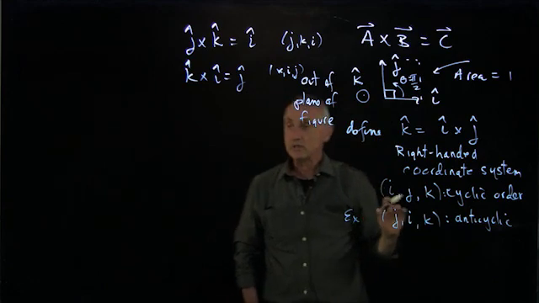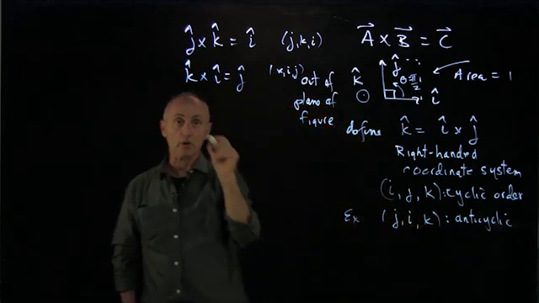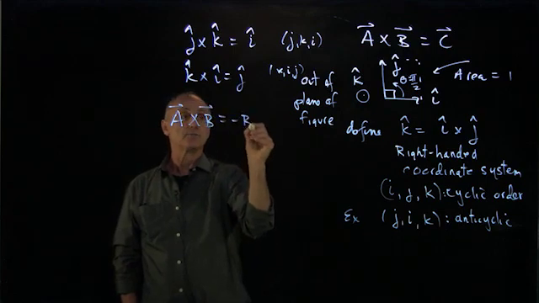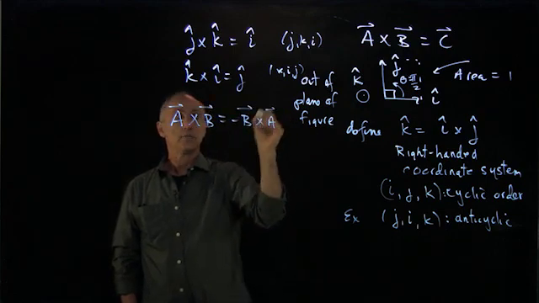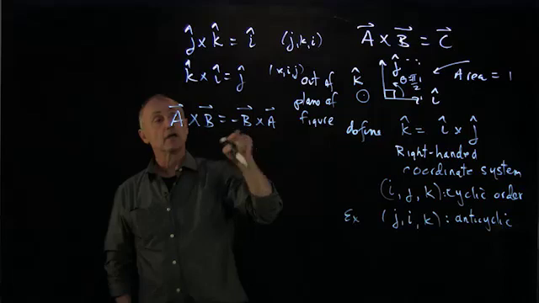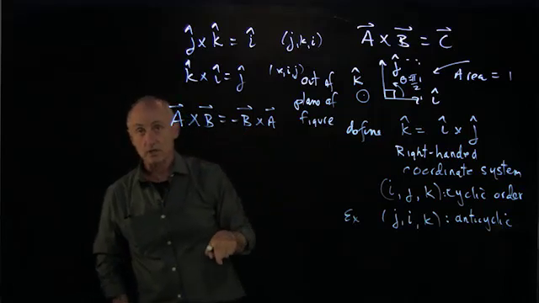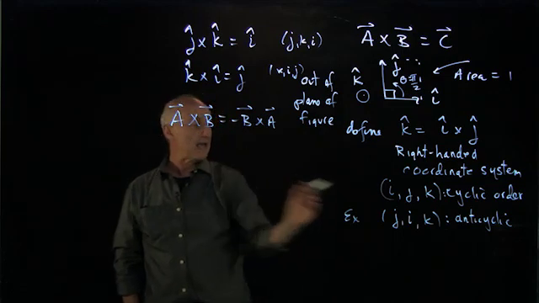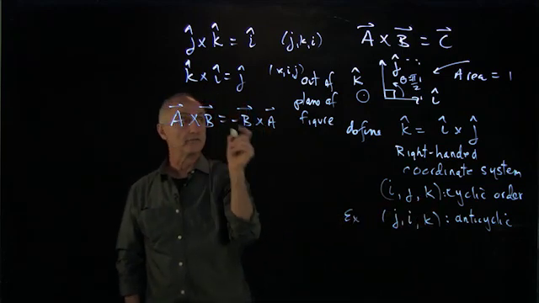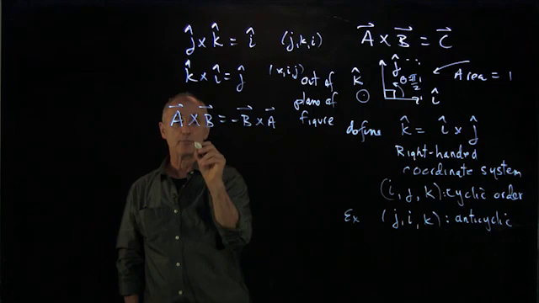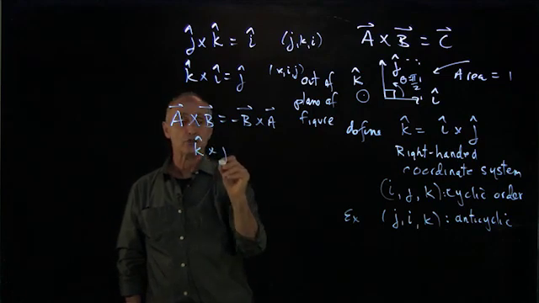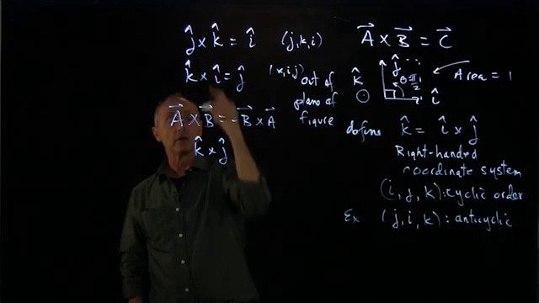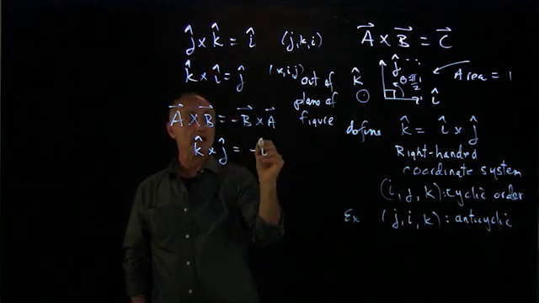But because of the way we defined a cross product in general, A cross B is minus B cross A, because now you're using the opposite direction, so there's a minus sign. Therefore, any anticyclic permutation of these unit vectors, as an example, k hat cross j hat, has to be minus i hat.